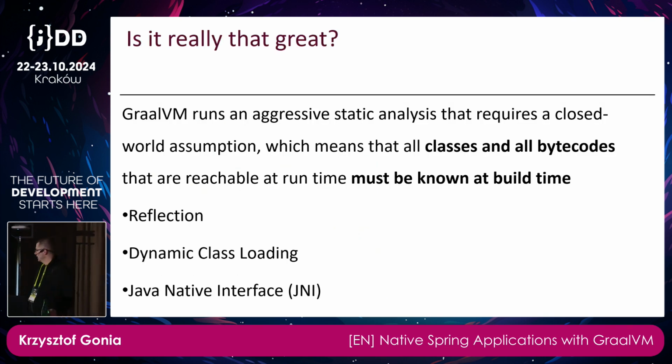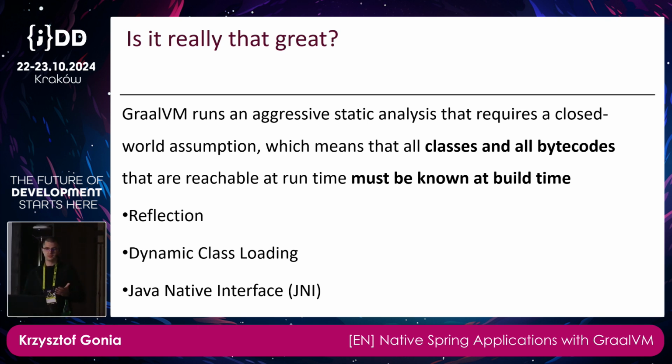So we had a simple program, and the GraalVM assumption is a closed world. We need to have information about all classes that we will use in our code at build time, which might be a problem in frameworks like Spring because they use reflection, dynamic class loading, and Java Native Interface.